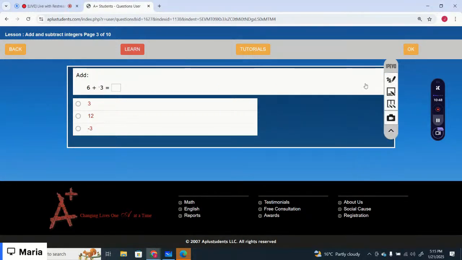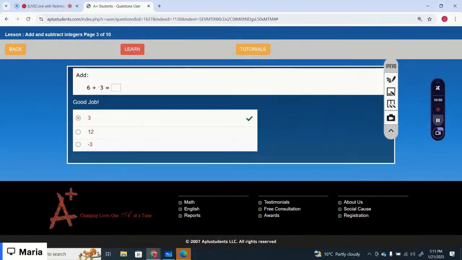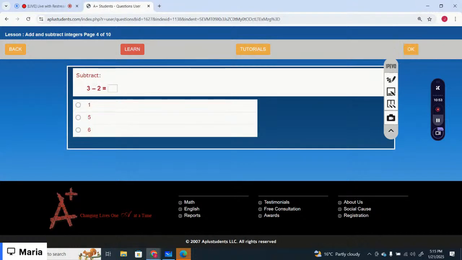Option number 1 is the correct option. Next, 3 minus 2. 3 take away 2 is 1.